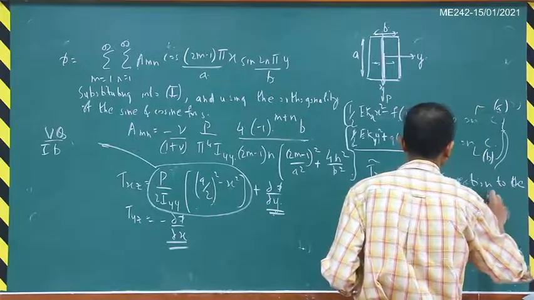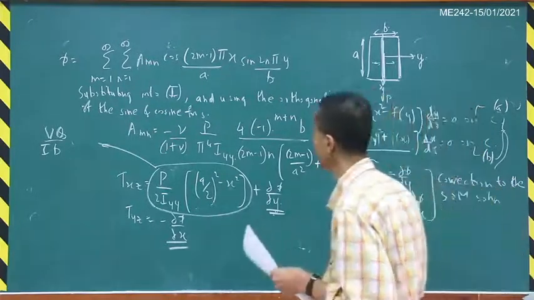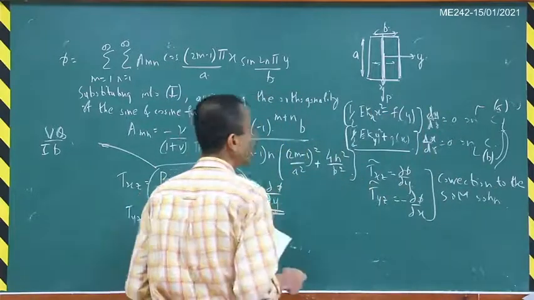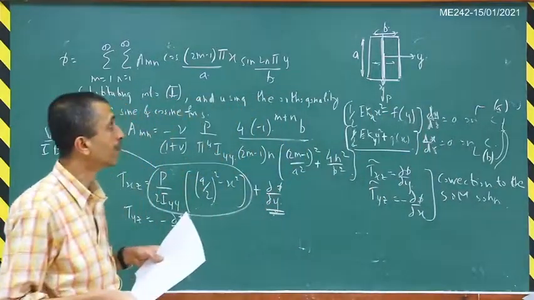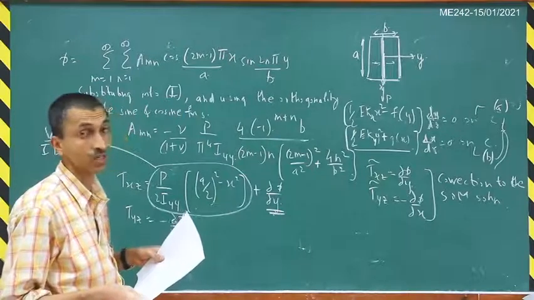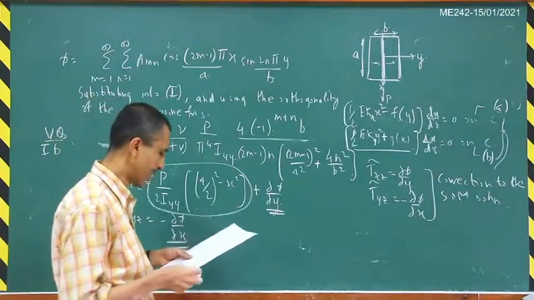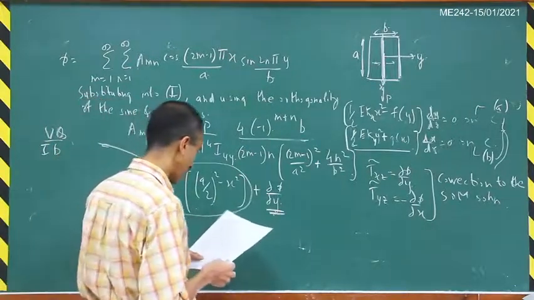And again we will see that these terms can be very large when B is large compared to A. Okay, that is the same thing we had earlier also.